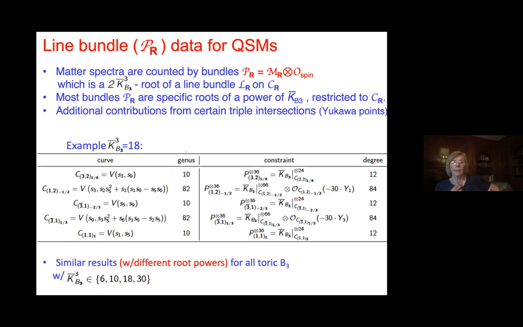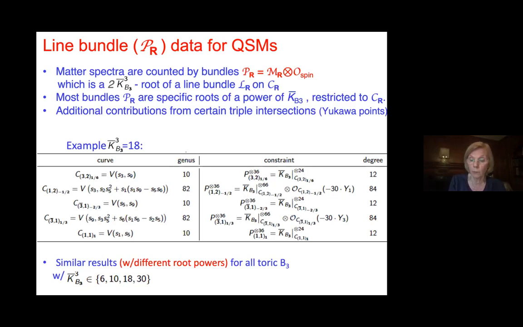Let me show you an example. So we are dealing now with root bundles that are the product of the one induced from C3 and a spin bundle. And we see that those root bundles typically depend on some fractional power of the anticanonical divisor restricted to the curve.